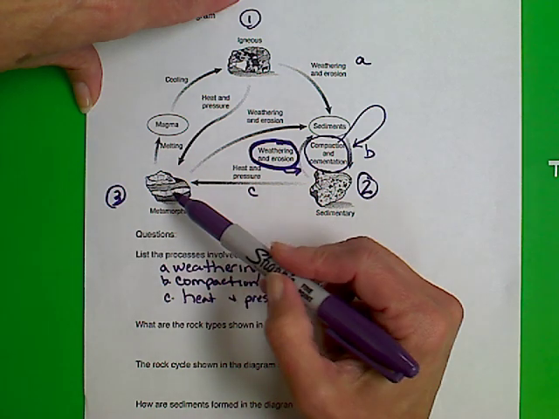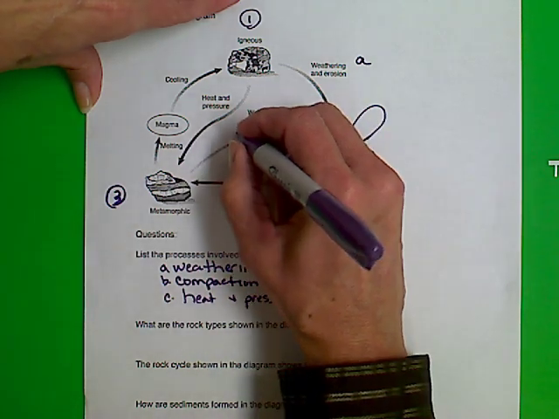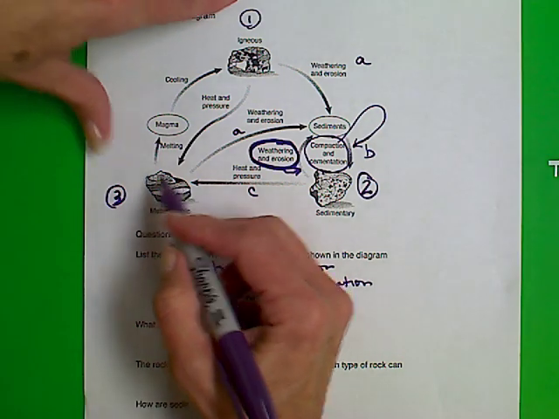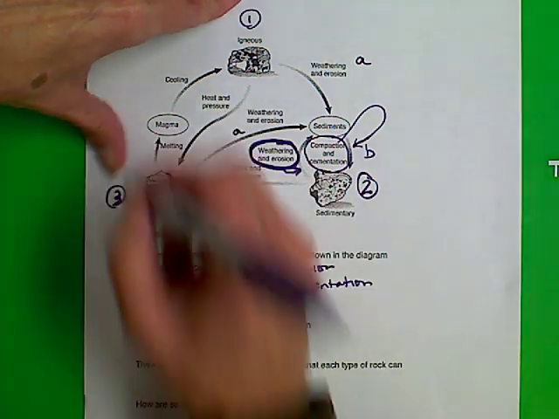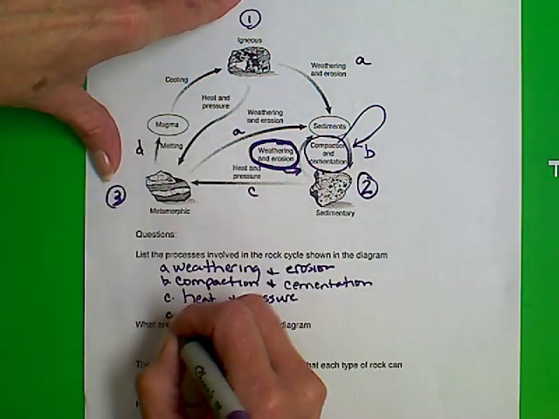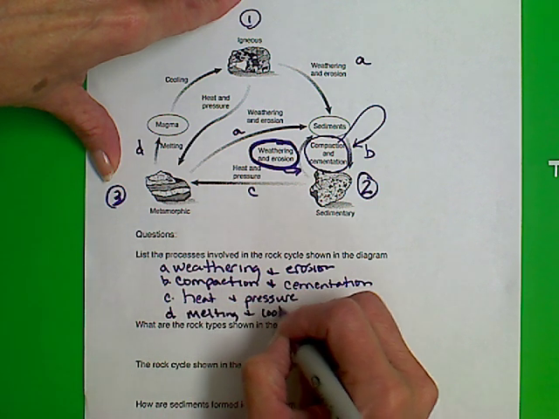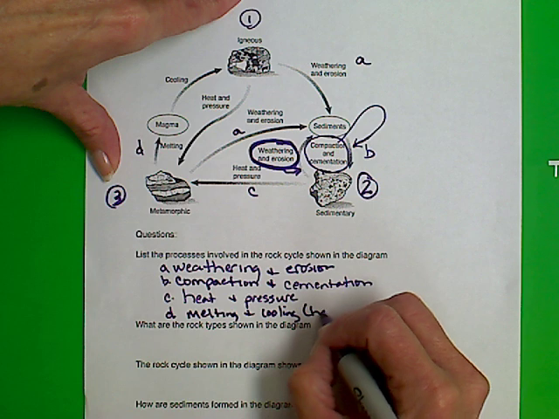I go back up here to weathering and erosion, so that's a process there. We already named it as A. I go over here and I have another process of melting and cooling. We'll call that D. Melting and cooling, also known as hardening.